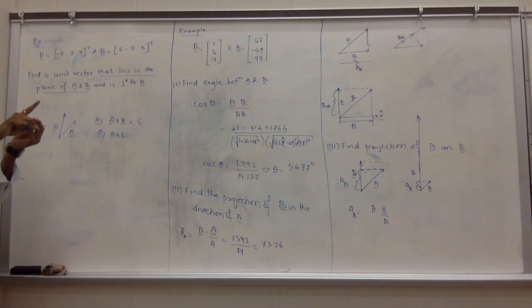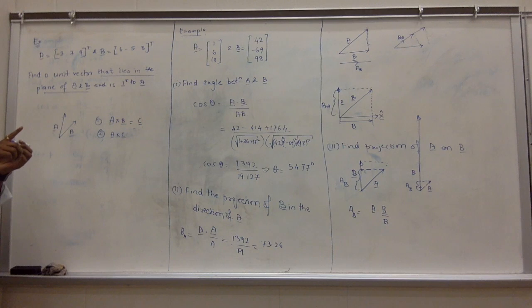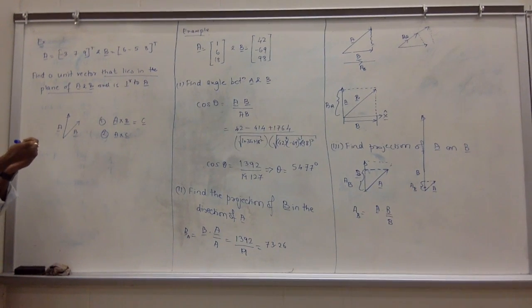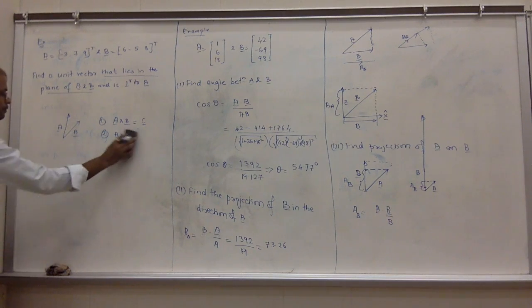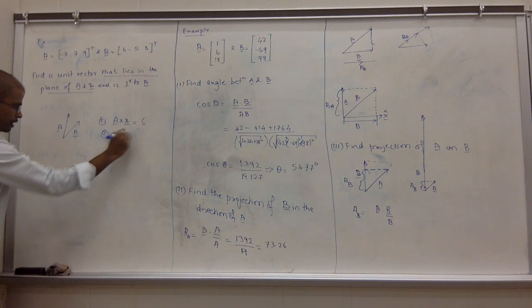So what do you need? If you do A cross C, where does A cross C lie? That will be pointing towards this one. Will it be in the plane of AB? No. How about C cross A?